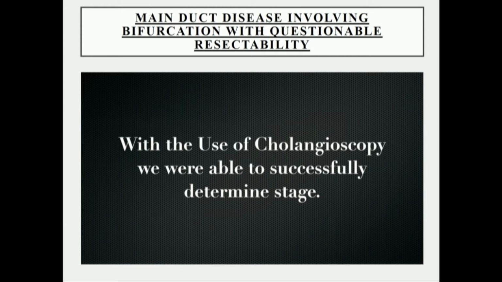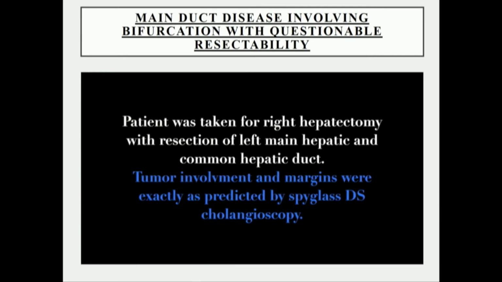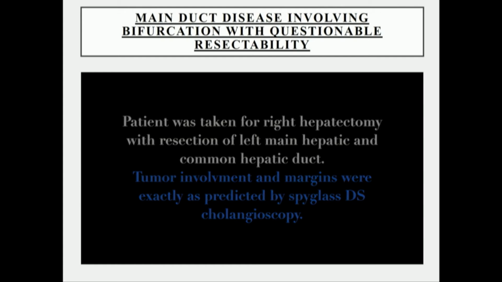So with the use of cholangioscopy, we were successfully able to determine anatomy and stage. Patient went for extended right hepatectomy with anastomosis of the left main hepatic duct, and tumor involvement was exactly as predicted by cholangioscopy. Patient had a negative margin resection.